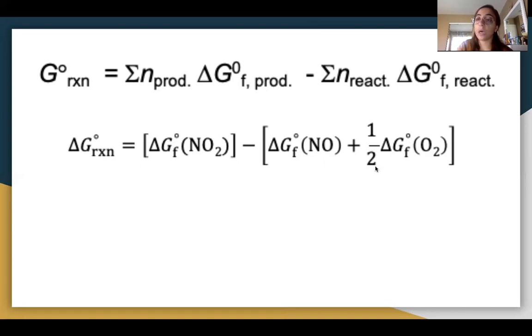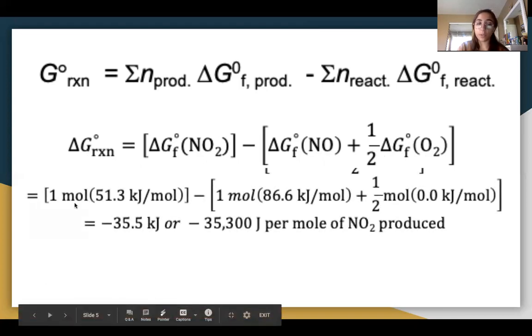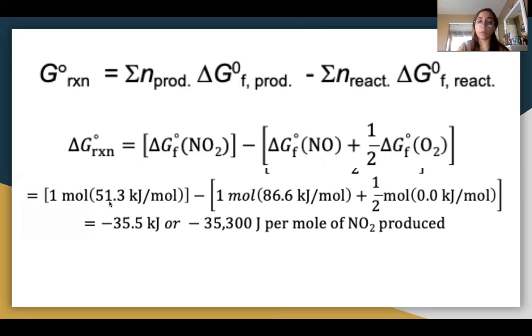So it's really important to have a balanced equation in order to get the value of the delta G of the reaction correct. So based on the equation here, we have 1 mole times 51.3 kilojoules per mole. And these are also the values that were given to us for NO and oxygen.